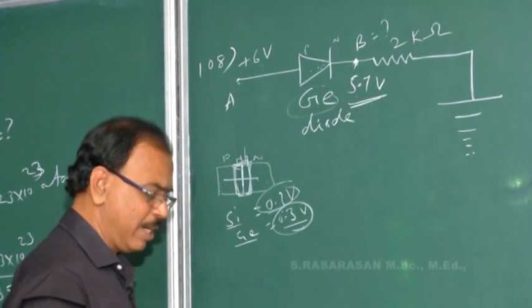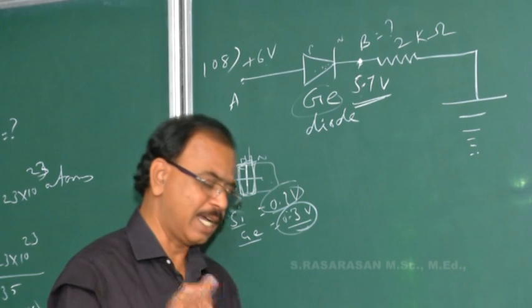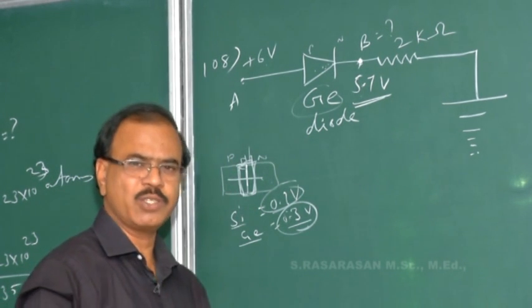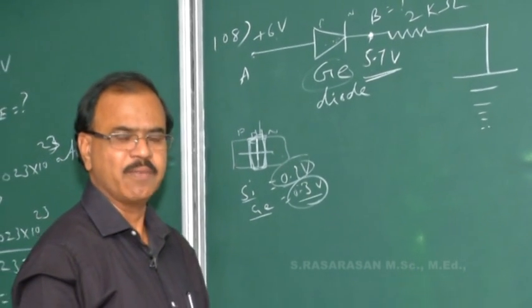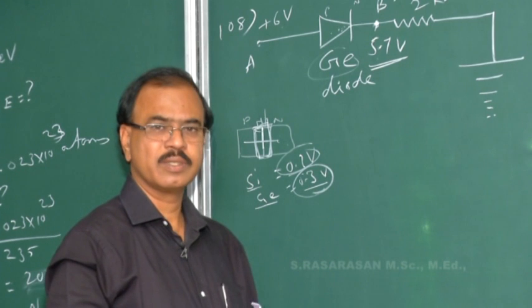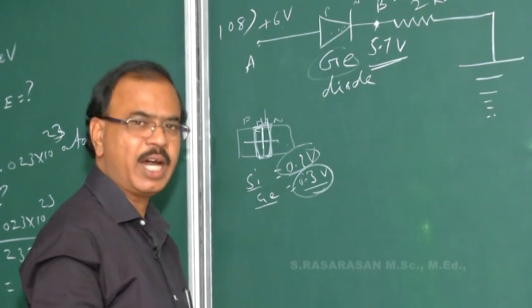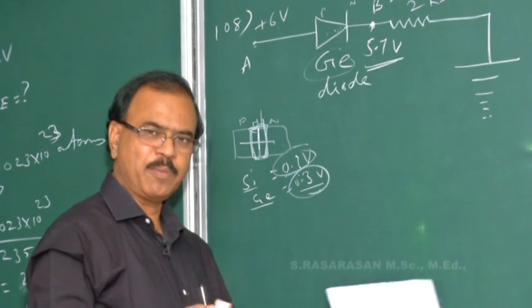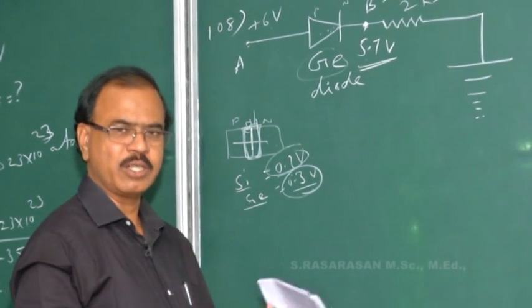Even this same problem can be extended by one more step. They can ask, what is the current through the resistor? As per Ohm's law, V is equal to IR, I is equal to V by R. V is how much? 5.7 volt. 5.7 by R, which is 2 kilo ohm. So if we divide, you get the answer, the current through the resistor.